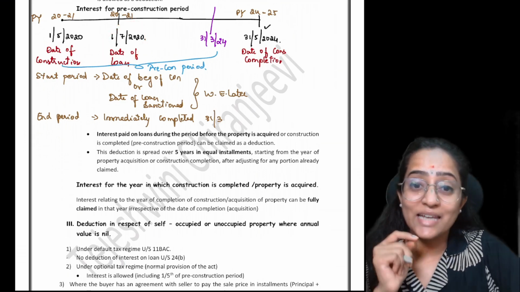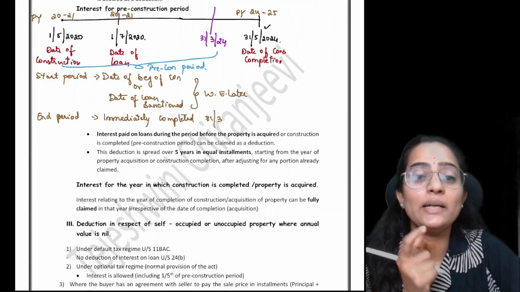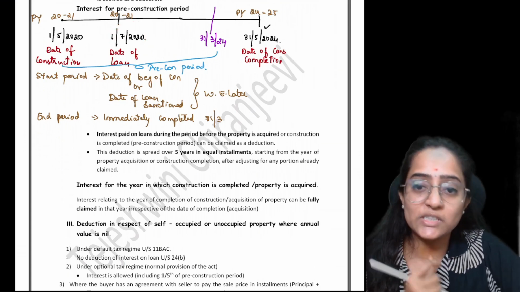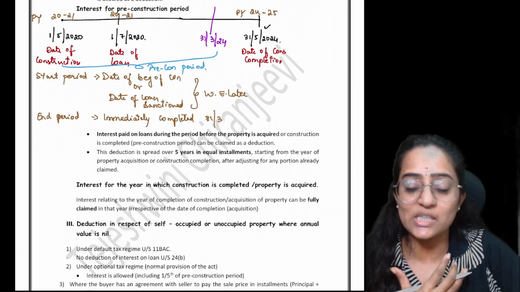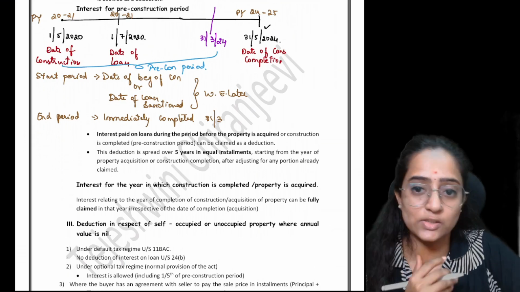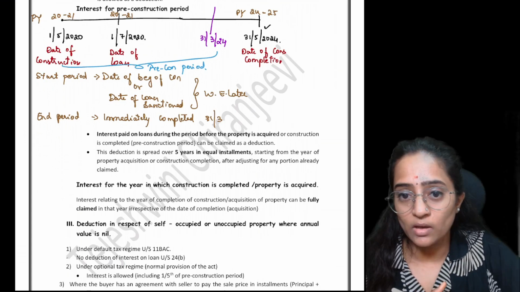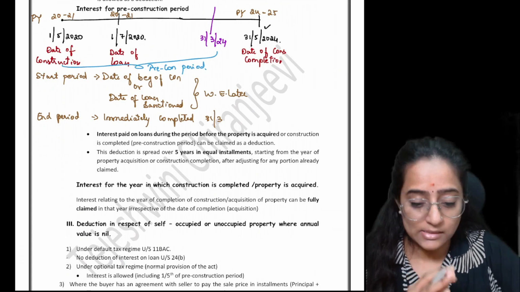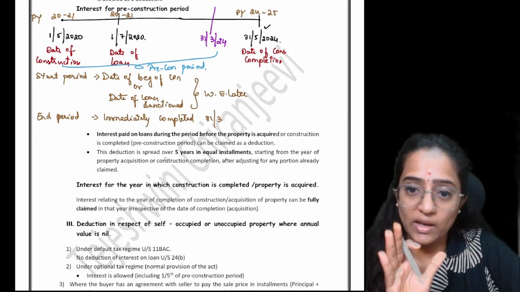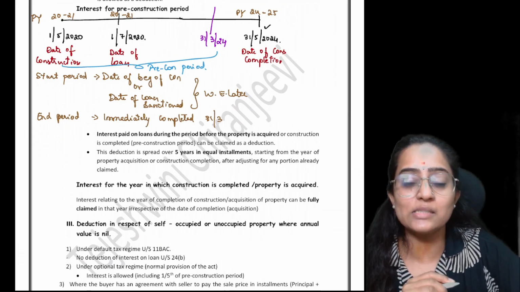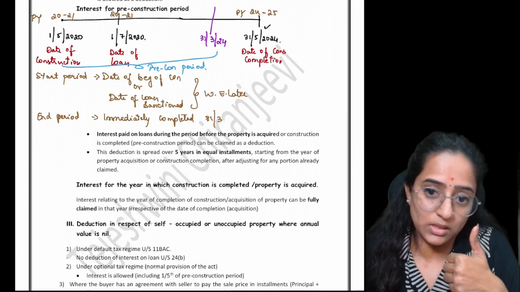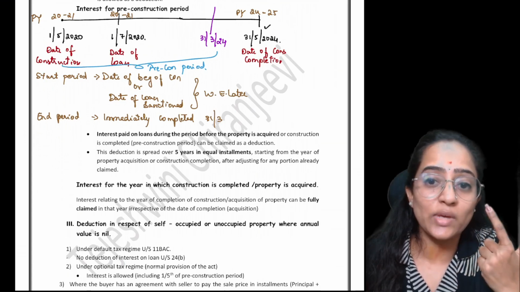What is the date of commencement, or the date from which I can take the interest, in easier terms? I am only interested in taking the deduction, and that should be as much as possible. The department says yes, we will give you the interest deduction, but we have two points: when you can start claiming the interest deduction and when you can stop.